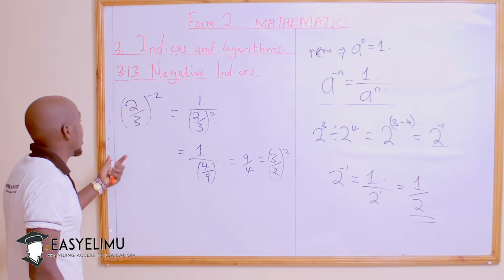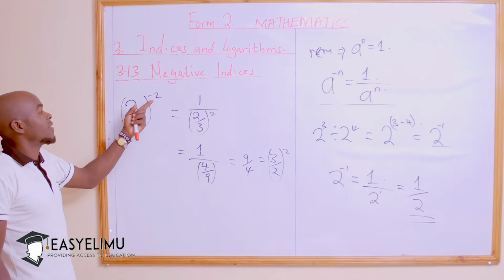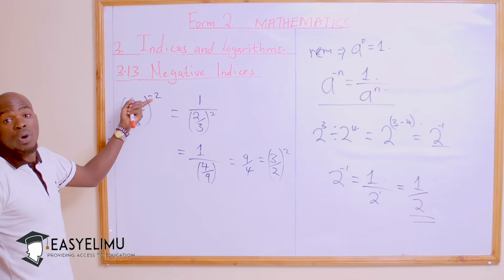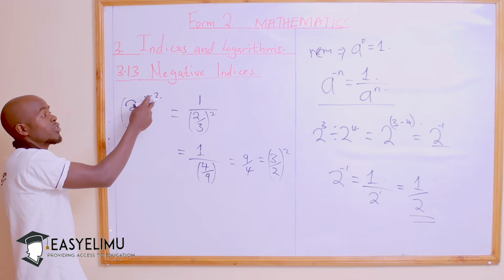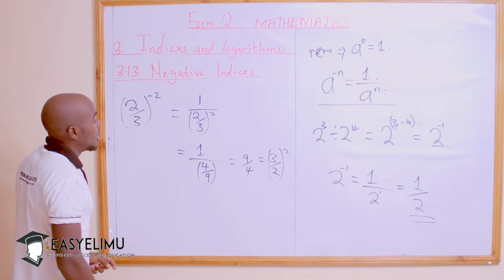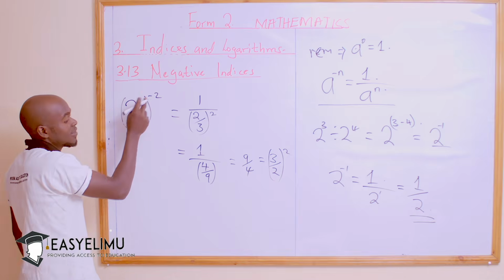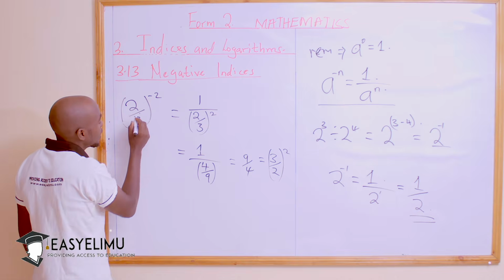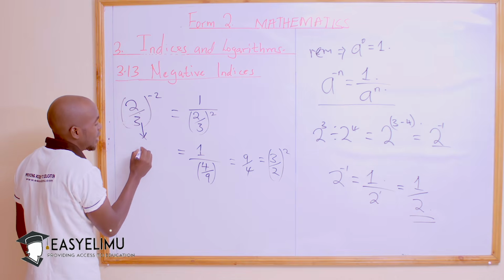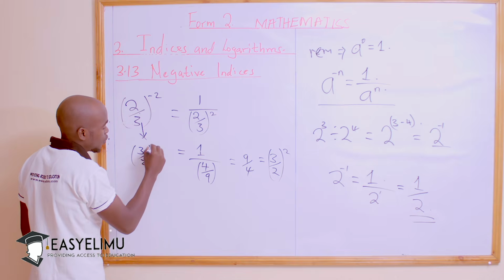So meaning that in case you have a fraction being raised to a negative index, for example here I have 2 over 3 raised to negative 2, the value which I will get is just the same as interchanging the fraction, which will be 3 over 2 squared.